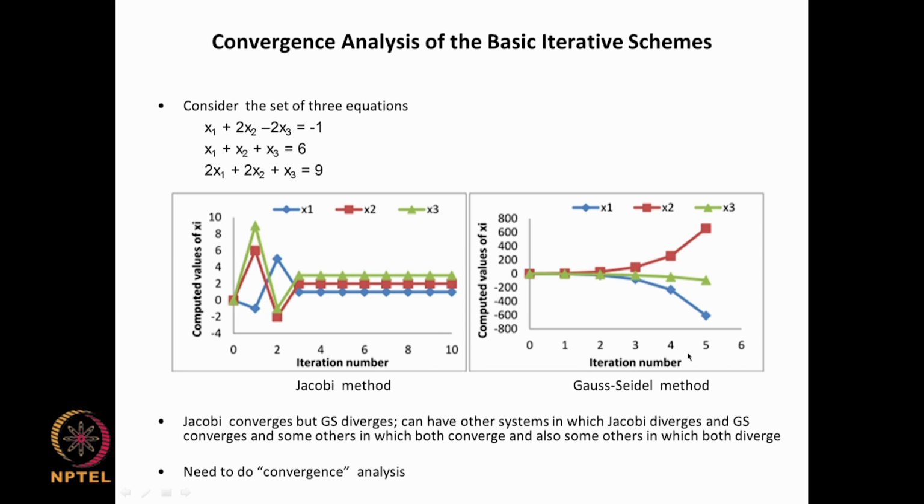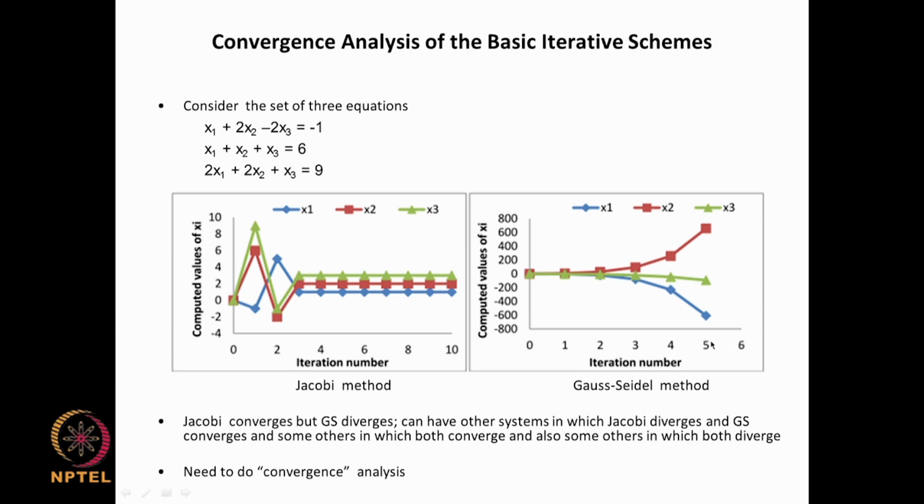But with the Gauss-Seidel method, at the end of 4 iterations the values are in excess of 200 for x2 and in excess of minus 200 for x1, and x3 is also not a small quantity.